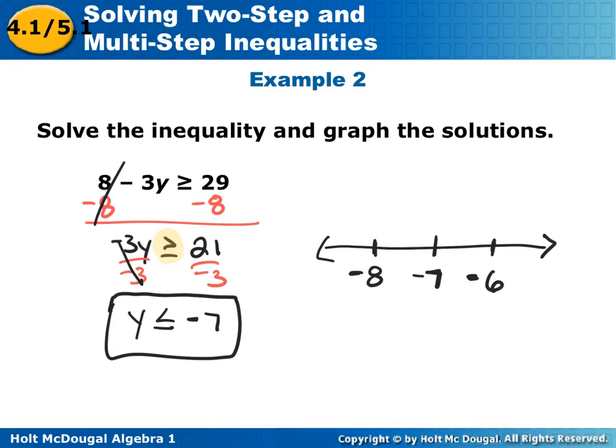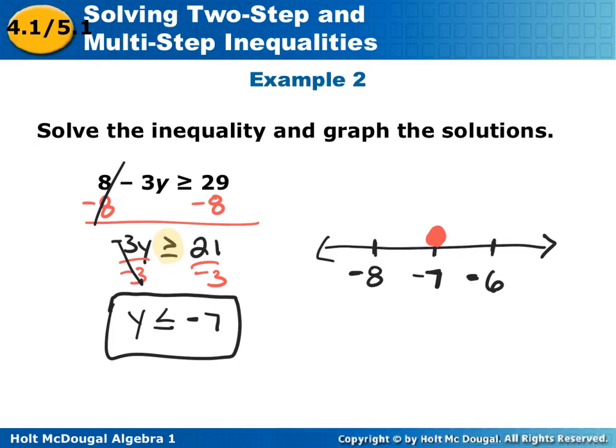Okay? Now, the next thing, when we say that y is less than or equal to -7, well, the part equal to means that -7 needs to be included in our answers, right? So, when we put our dot, we are actually going to color it in to let us know that -7 is part of the solution choice. So this means the answers are anything that is less than -7.